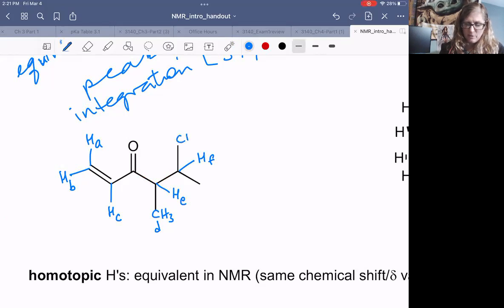Okay, and then we have these 2 methyl groups, these 2 CH3s. The question is, is there any way that these 2 methyl groups would be identical? And yes, they would, because we can rotate to exchange each of those.